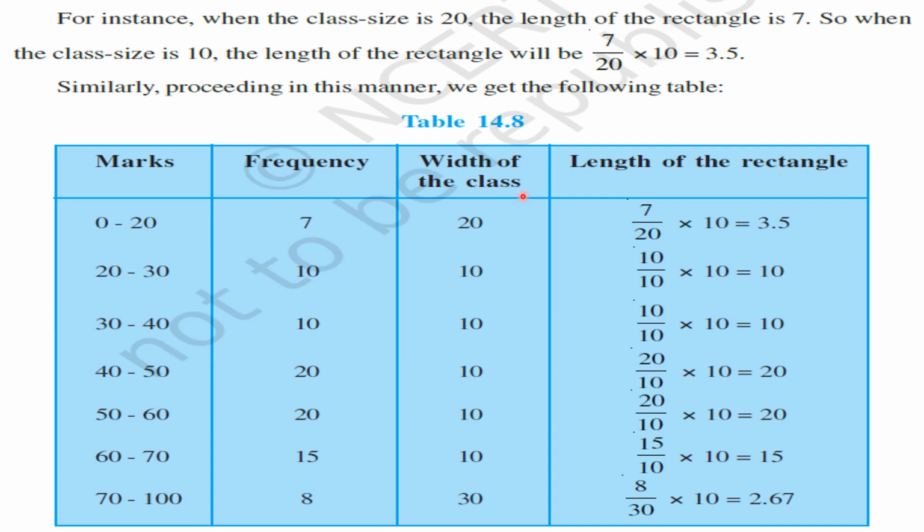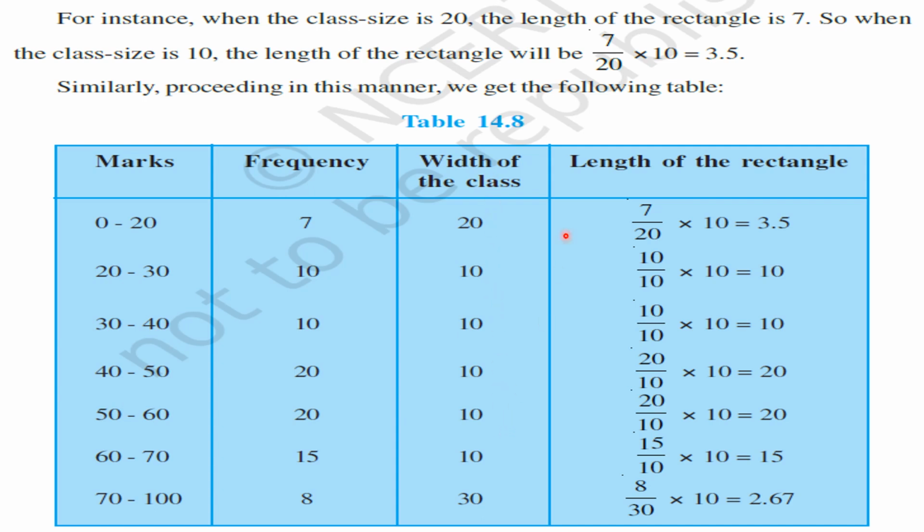Here we have prepared a new column, the width of the class. The size of this class interval is 20, this one is 10, and this one is 10. Like this, we have to prepare a column. Understood this column, my children?